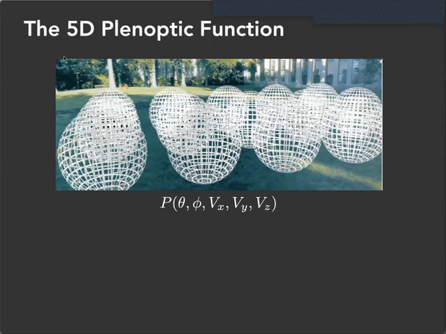The 5D plenoptic function is a function of the amount of light traveling along or measured at different points in the scene, measured at a viewing position in XYZ, say at the center of each of these balls drawn in this garden, and then in every direction, theta phi. So pick a point in the world, XYZ, and then think of a direction of light arriving at that point from theta phi, and say how much light was traveling along that ray. That is the 5D plenoptic function.